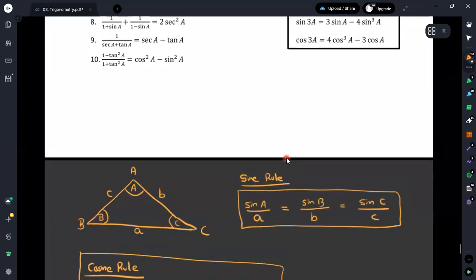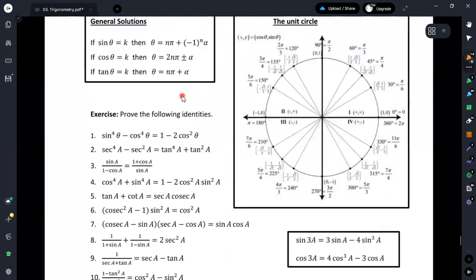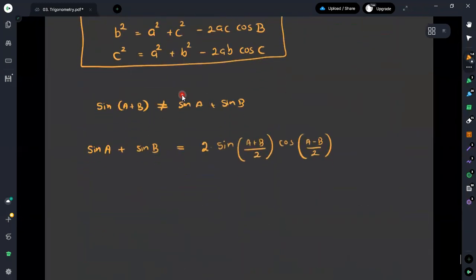The next one is the difference of two sines. If you are asked to find the value of sine A minus sine B, the difference of two sine values, then this can be taken as 2 times cosine of A plus B over 2, multiplied with sine of A minus B over 2.